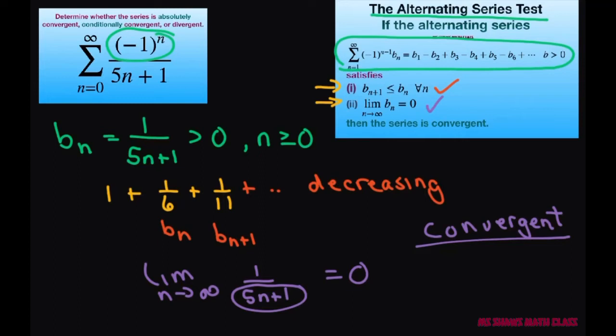So what I'm going to do is use the limit comparison test and test it to a sub n equals 1 divided by n. This is your harmonic series and it's divergent. So if this test, if they're the same, then it'll be divergent.